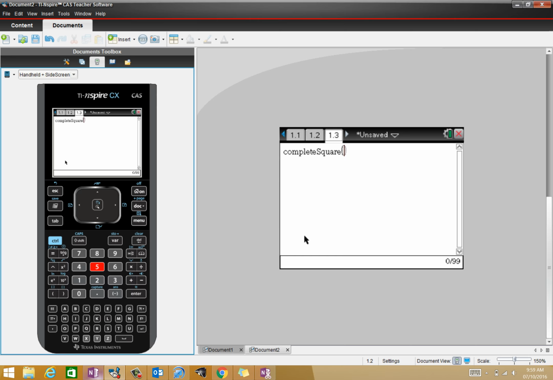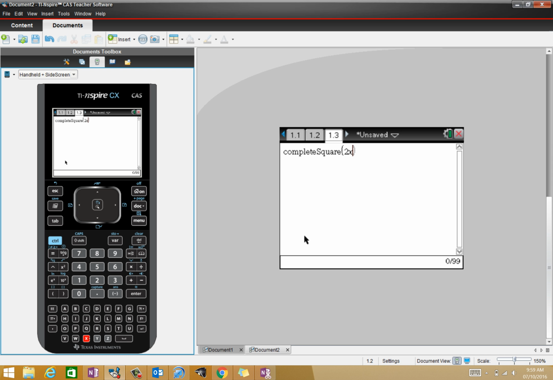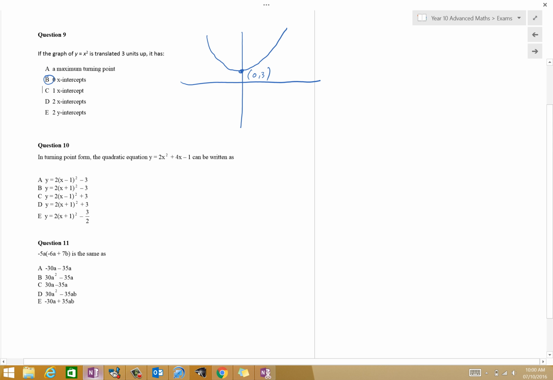And we can put in 2x squared plus 4x minus 1, comma, x, whooshka. 2 outside of (x plus 1) all squared minus 3. Answer's B, wasn't it? Yeah.